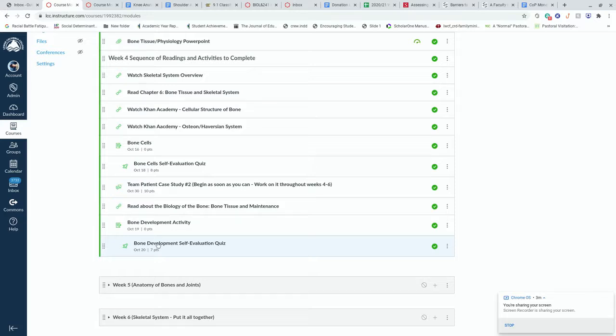You have intramembranous ossification and you have endochondral ossification. One forms like a sandwich, the other forms from within and uses cartilage as a skeleton to build on. Our long bones all start as cartilage, hyaline cartilage, and then we build from there. You'll learn more about that as you do the bone development activity.